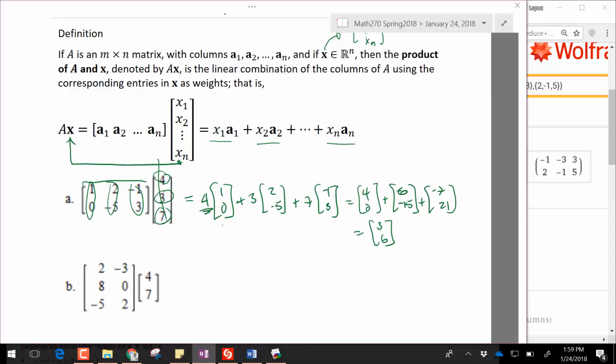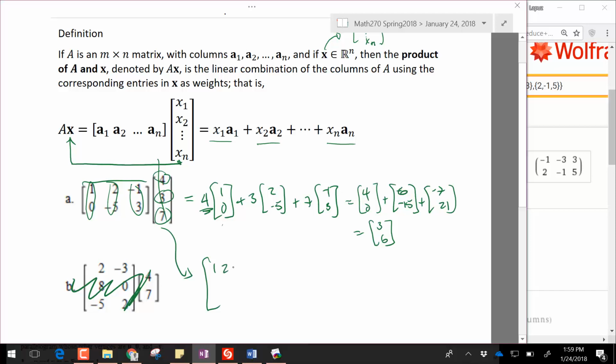Showing you the other way would require some knowledge about the dot product. The answer is dotting (1, 2, -1) with (4, 3, 7).